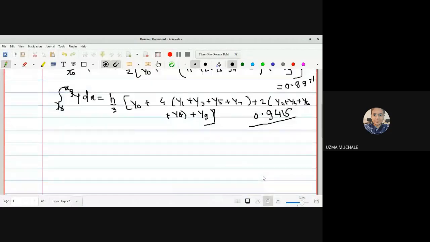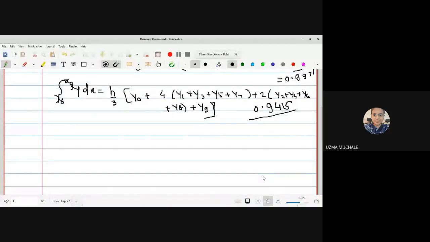Now I want to tell you some important points about this 3/8 rule. As we have seen in the first example, the 3/8 rule cannot be used there, because in the first example we had only x0, x1 and x2, that is 0, 0.5 and 1.